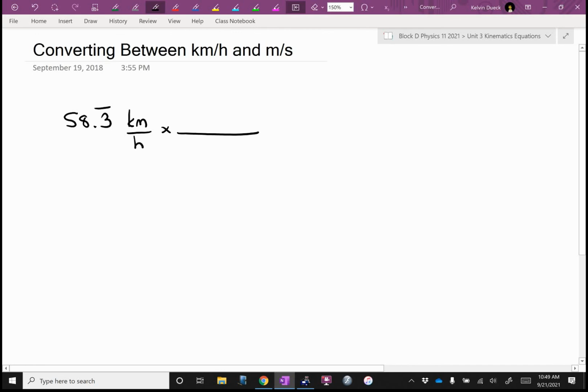I want to end up in meters per second. So I guess I need to get rid of kilometers, change it to meters, and I need to get rid of hours, change it to seconds. Yes? Okay, let's get rid of kilometers. On the bottom, yes. Hey, this is a good review for the test tomorrow. On the bottom, what's going to go on the top? Meters, and what else?